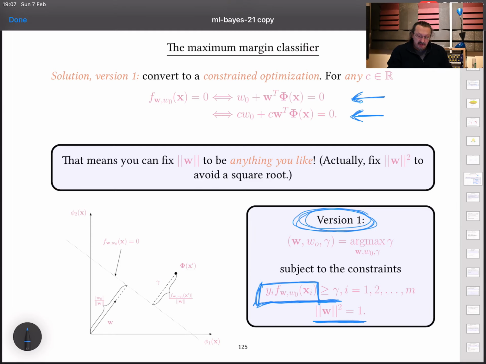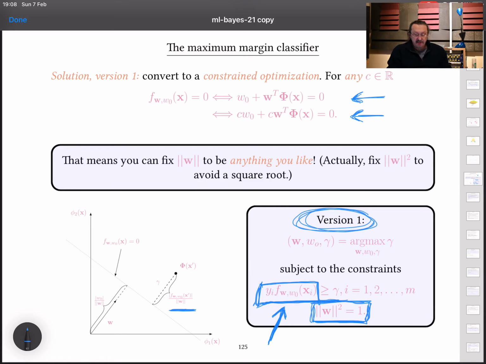The second point is that because we've imposed the constraint that the mod of w is 1, this quantity, if f is putting the ith example on the correct side of the decision boundary, is actually this distance. Okay?